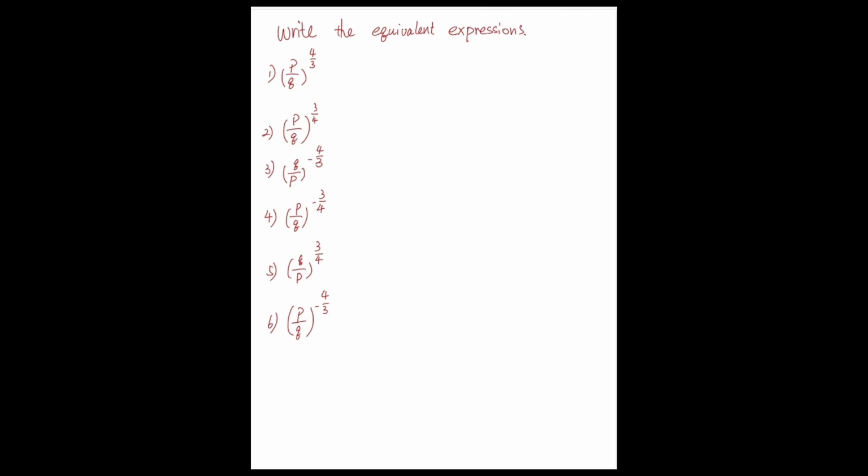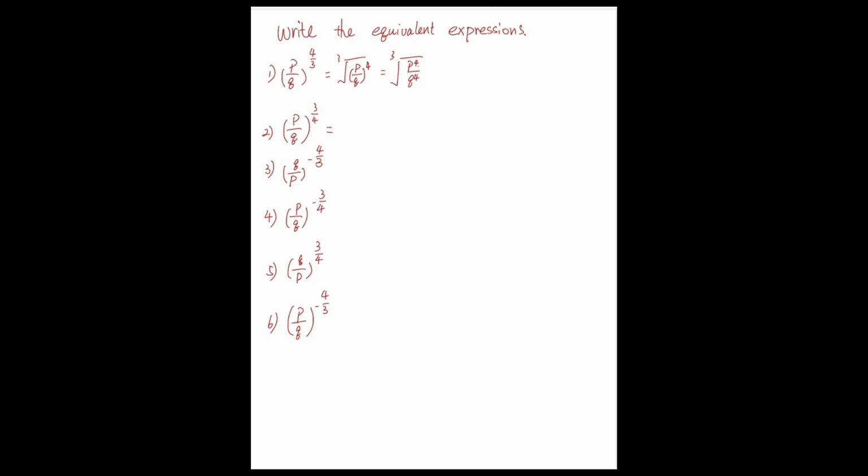Try to write the equivalent expressions. So number 1, we can write the cube root of p over q to the power of 4, and then we can distribute the 4 to each part, like this.